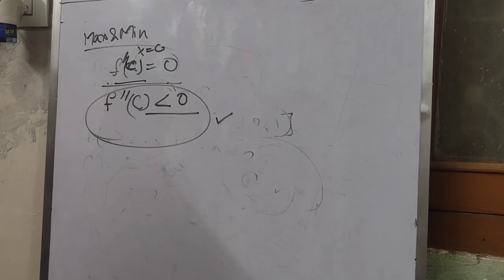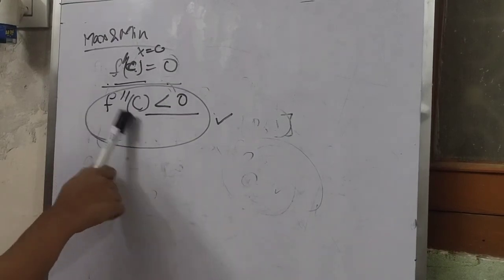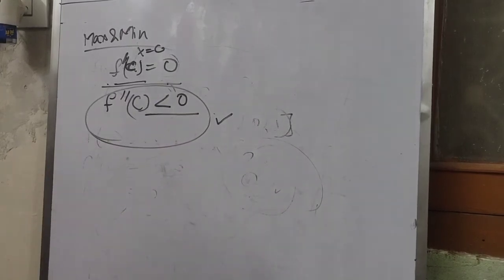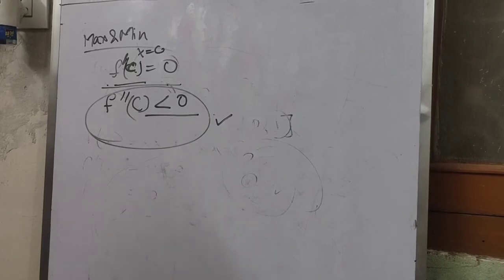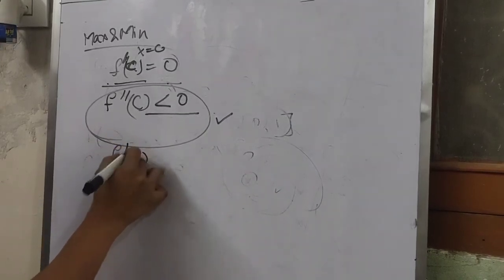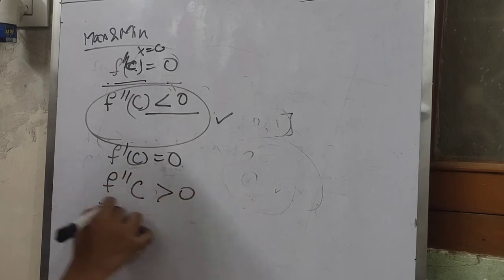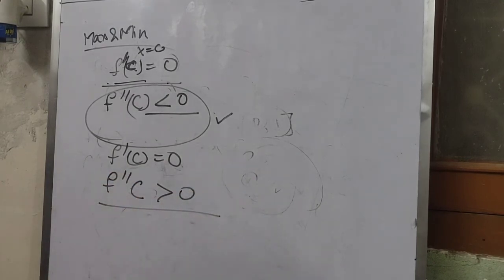Remember that whenever you work with the double derivative, you will get exact maximum or minimum values. So f double dash c less than 0 means I have a maximum value at f. Whereas if f dash c is equal to 0 and f double dash c comes out to be greater than 0, then my function has a local minimum value at f.